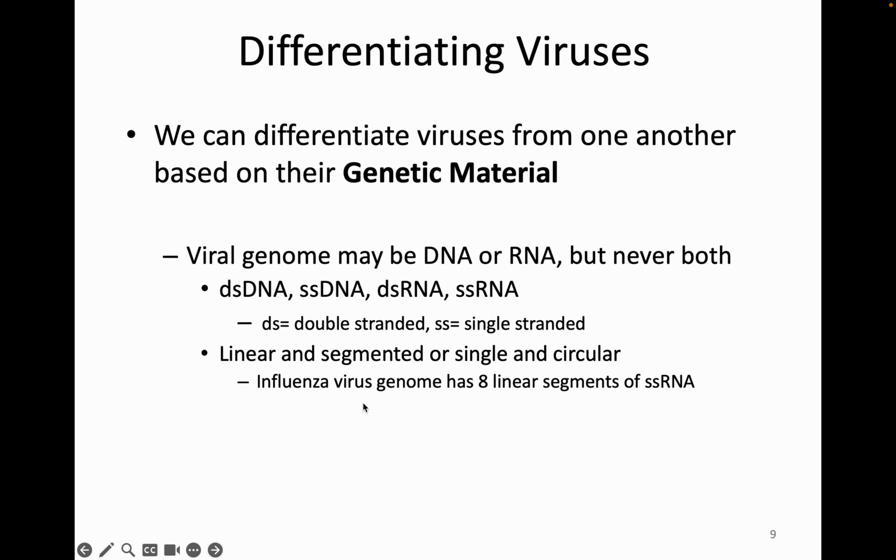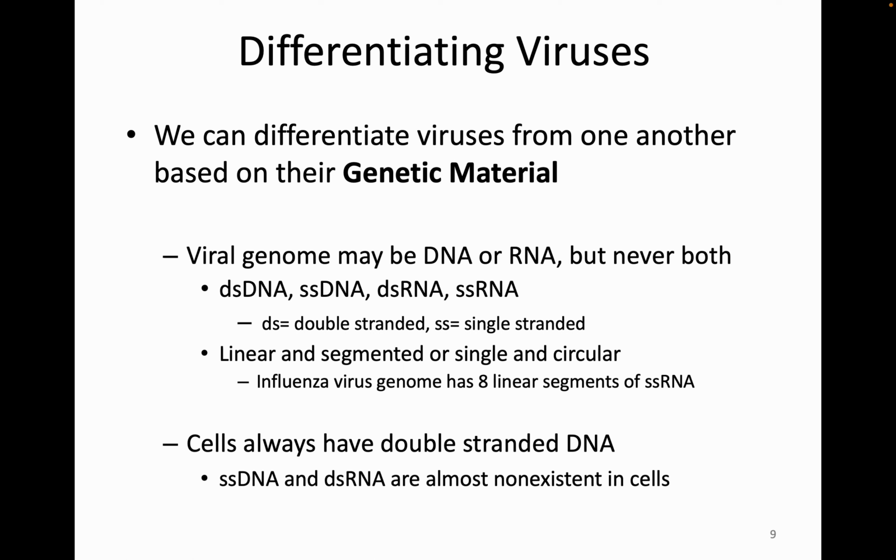For example, the influenza virus genome has 8 linear segments of single-stranded RNA. Cells always have double-stranded DNA, eukaryotic cells and bacterial cells. Single-stranded DNA and double-stranded RNA are almost non-existent in bacterial or eukaryotic cells.